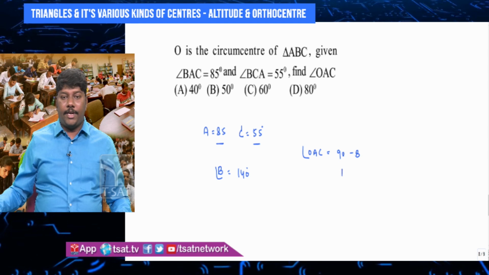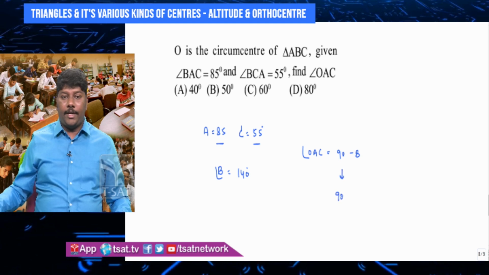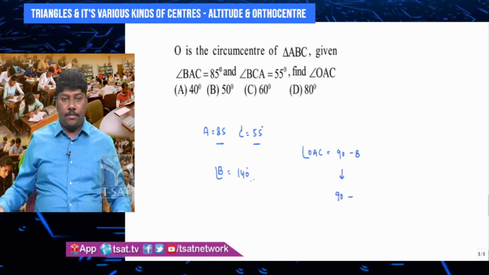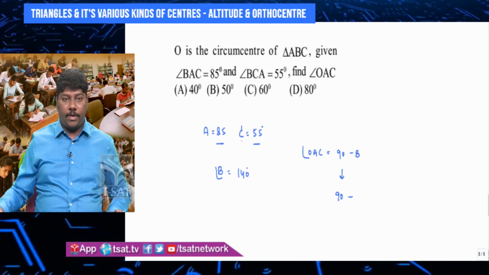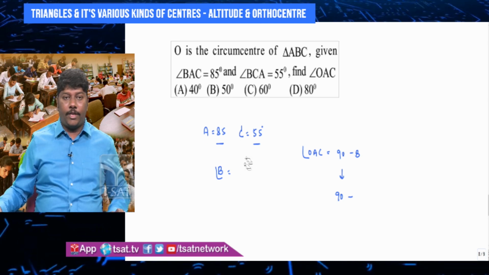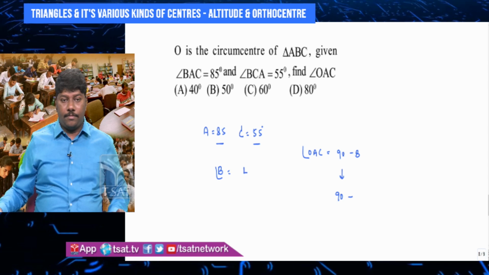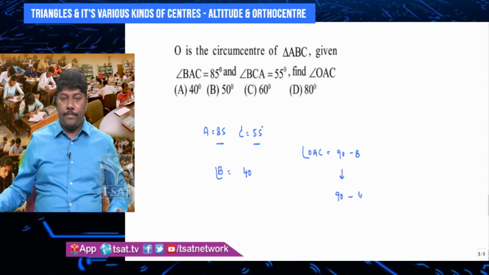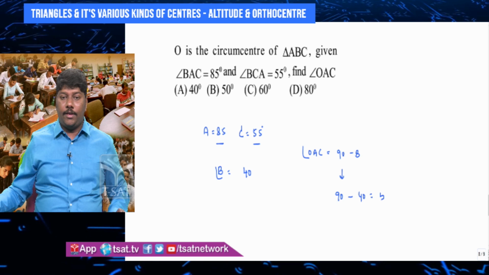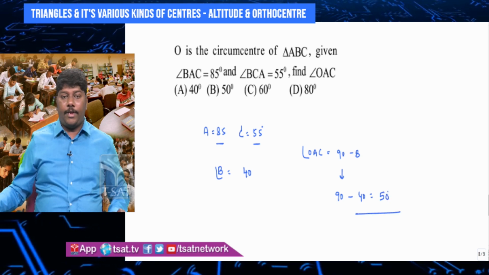Therefore, 180 minus 140 is equal to 40 here. 90 minus 40 is angle 50.